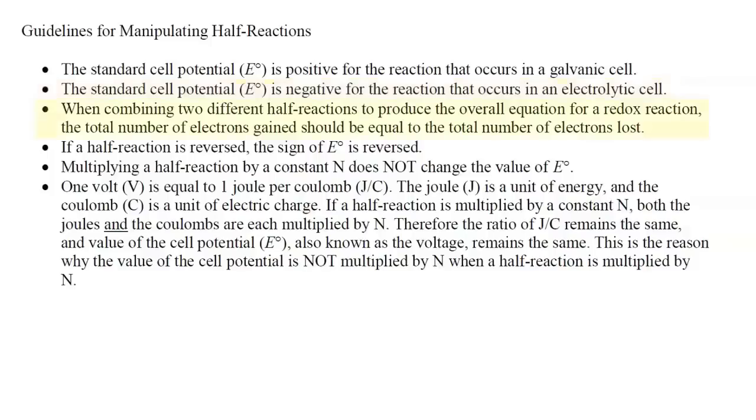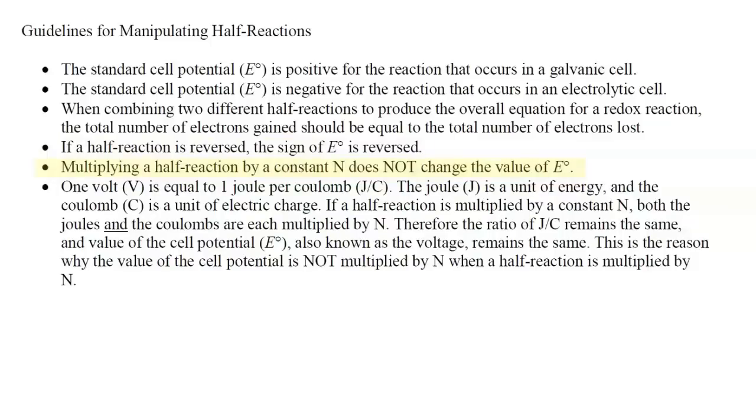When combining two different half reactions to produce the overall equation for a redox reaction, the total number of electrons gained should be equal to the total number of electrons lost. If a half reaction is reversed, the sign of the cell potential for that half reaction is also reversed. Multiplying a half reaction by a constant n does not change the value of the cell potential.